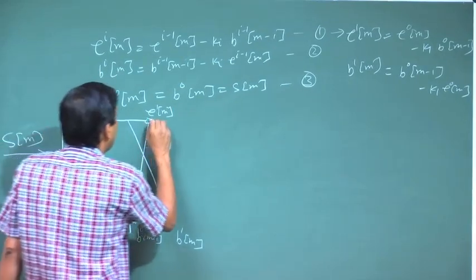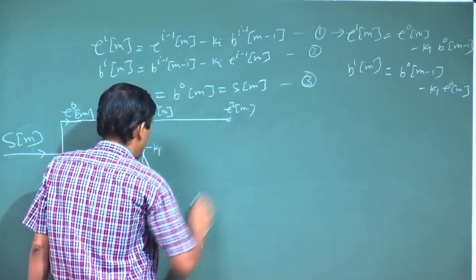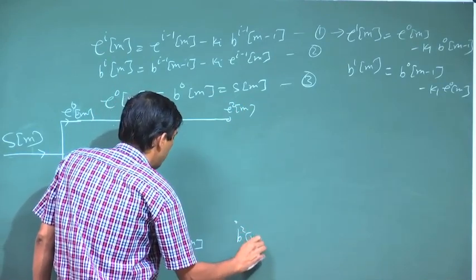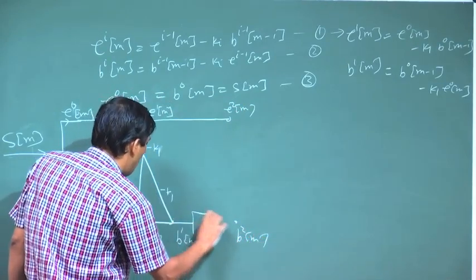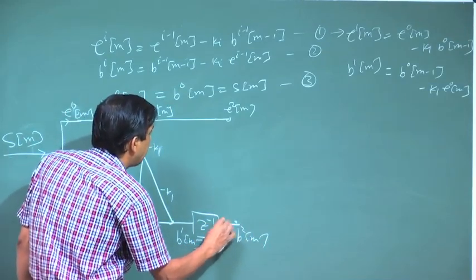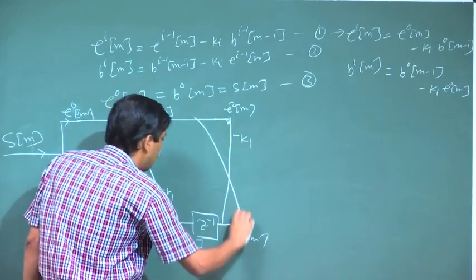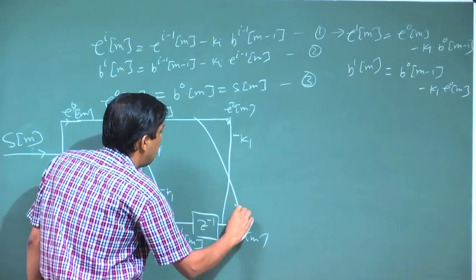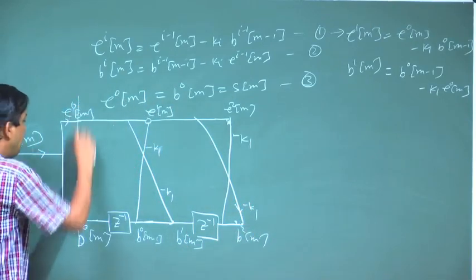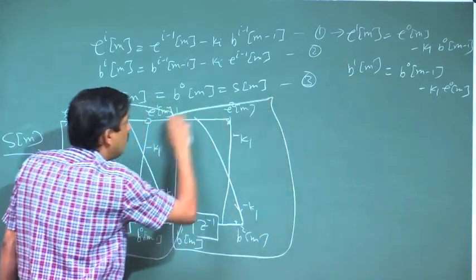If I want to predict E2m and B2m, again I apply a z to the power minus 1 delay, and this signal is added here with minus k1, and this signal is added here to get B2m. The same structure is repeated here.